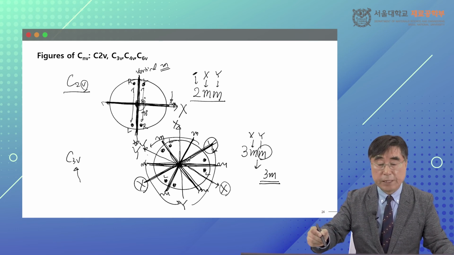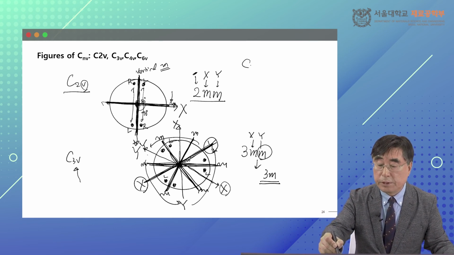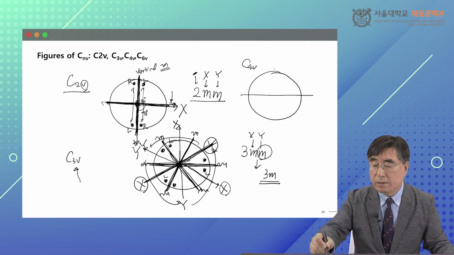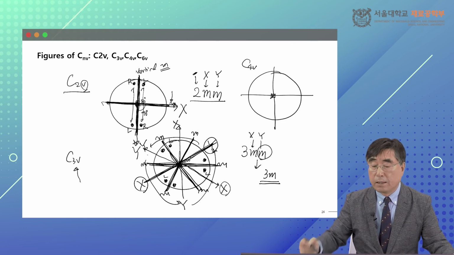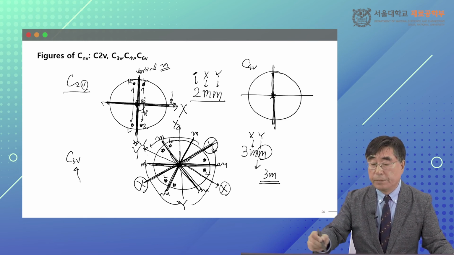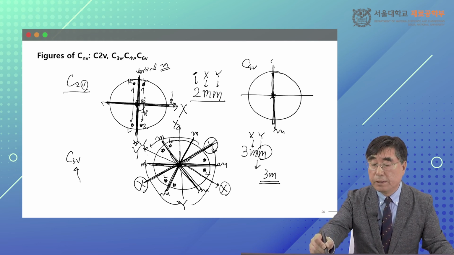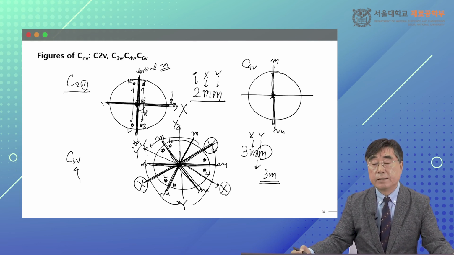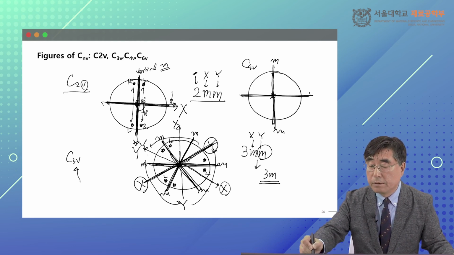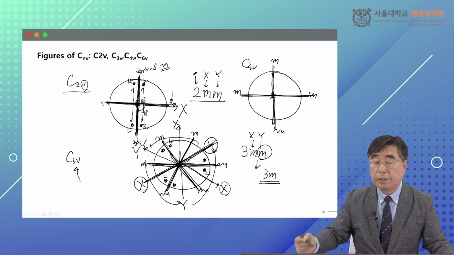Now C4V, let me do it one more. C4V, again the same thing, simple, 4-fold. Now I put the mirror plane in here, a vertical mirror plane. This one is mirror to the principal axis. Then this 4-fold generates mirror and mirror in here.